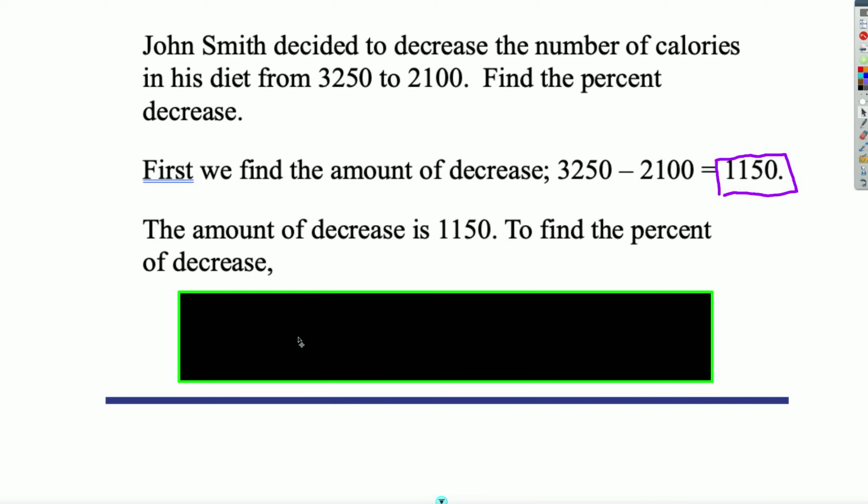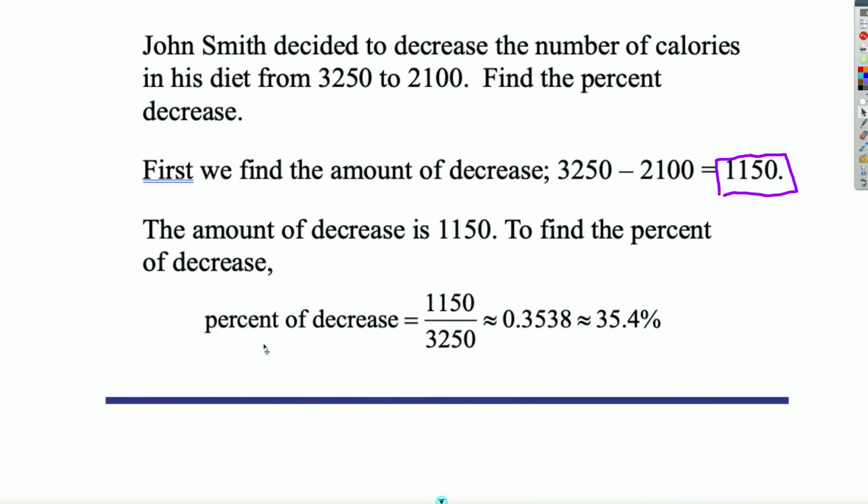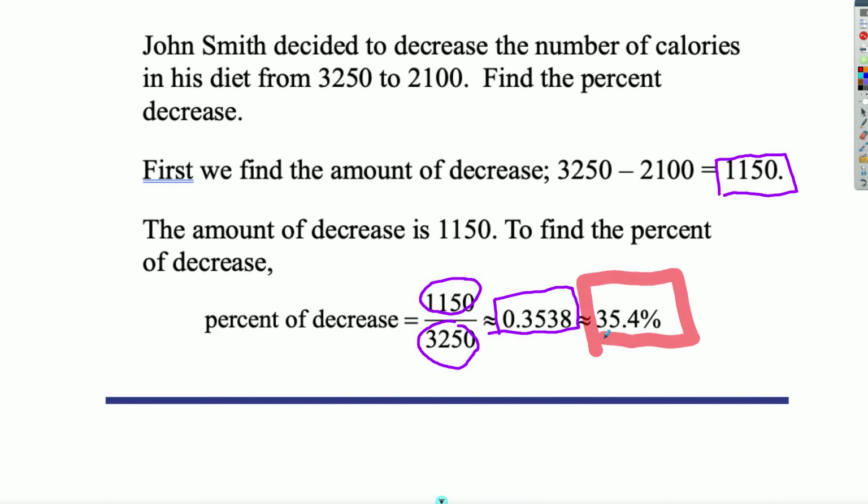To find the percent decrease, I'm going to take what he decreased by over the original. So I'm using the formula: the amount of decrease over the original. Here's my answer in decimal form. So percent would be 35.4. So he decreased his caloric intake by 35.4%.